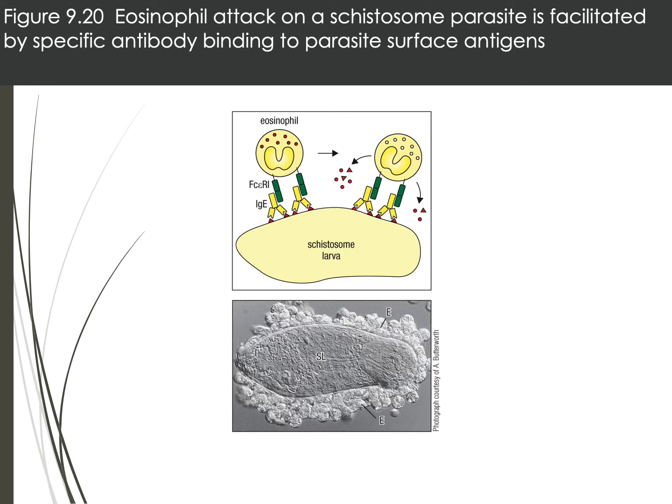The other thing that we see is that IgEs will recognize parasitic surface antigens. So this is what we're seeing here. It's recognizing the larval stage of a parasite. And so the antigen binding sites on the IgE are bound. And then in this case, usually it's going to be an eosinophil that it is binding its Fc receptors to. That causes degranulation of the eosinophils.